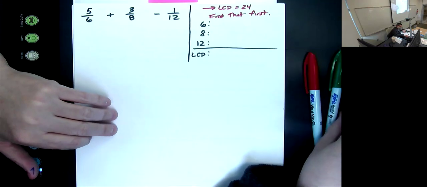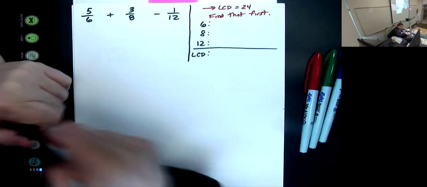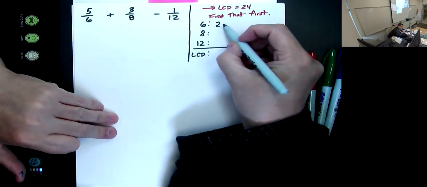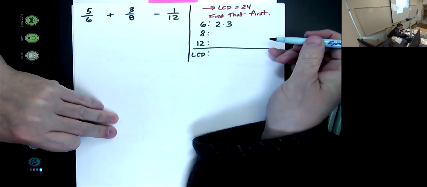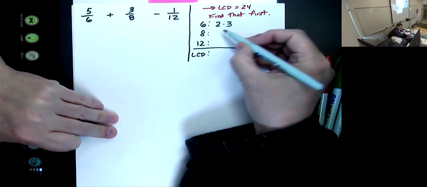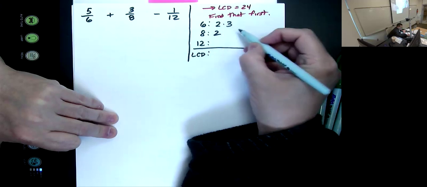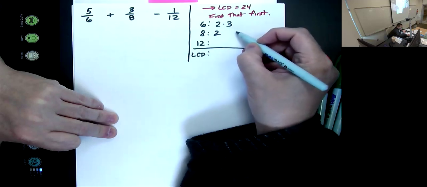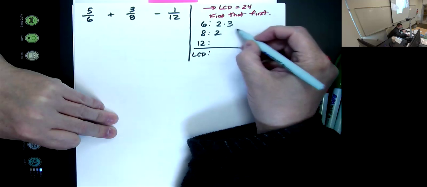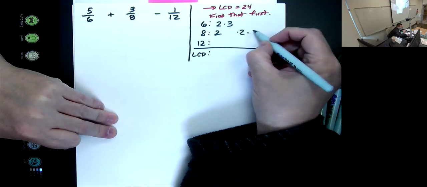All right, if we go through and we factor these, 6 is 2 times 3. 8 is 2 times 4, which is 2 times 2. And then 4 is 2 times 2. I don't have another column for 2, so I'm going to make another column for 2s real quick.